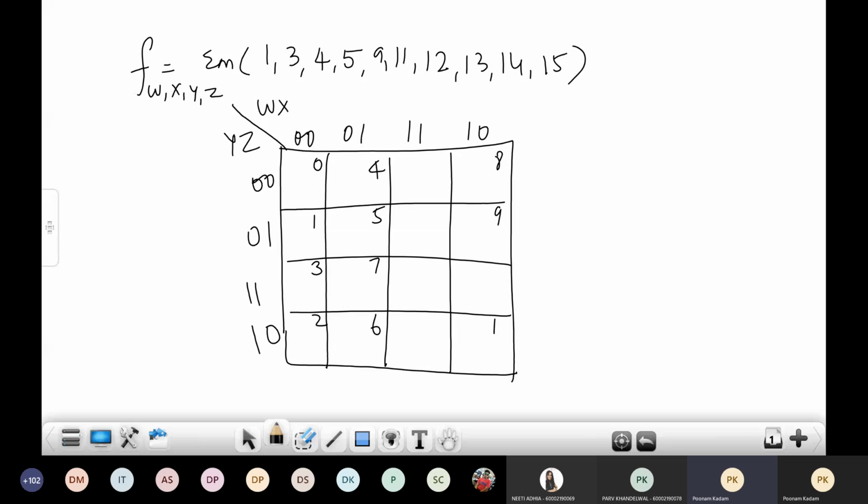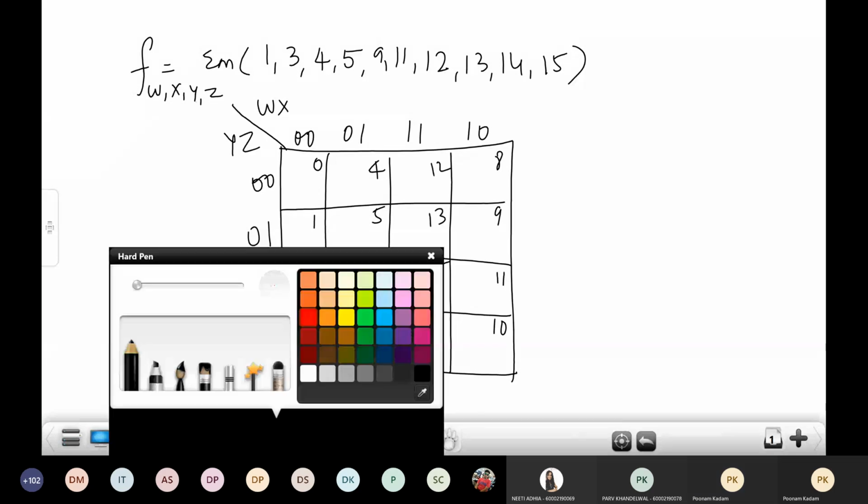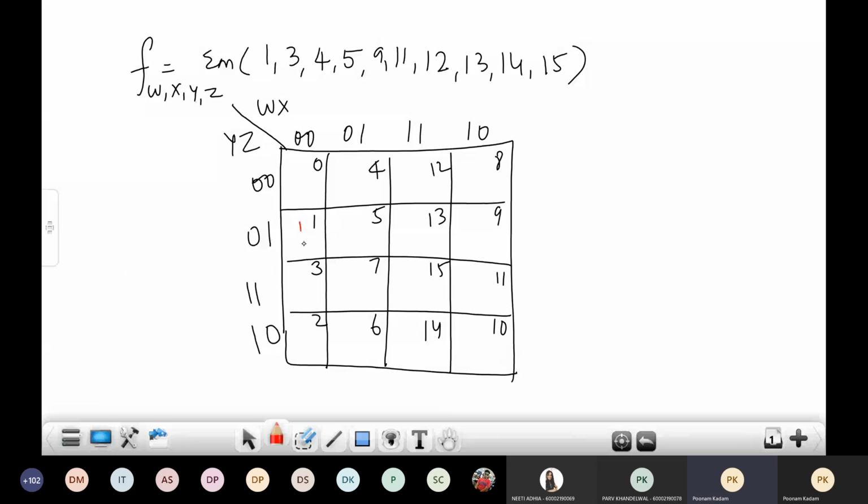So 1 is present in cell number 1, cell number 3, 4, 5, 9, 11, 13, 14, and 15. Oh, 12 is also there. Thank you for reminding me. So this is the K map.